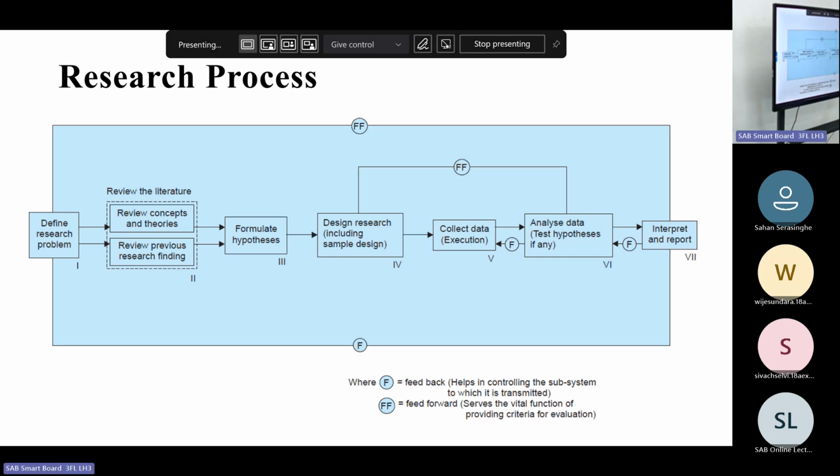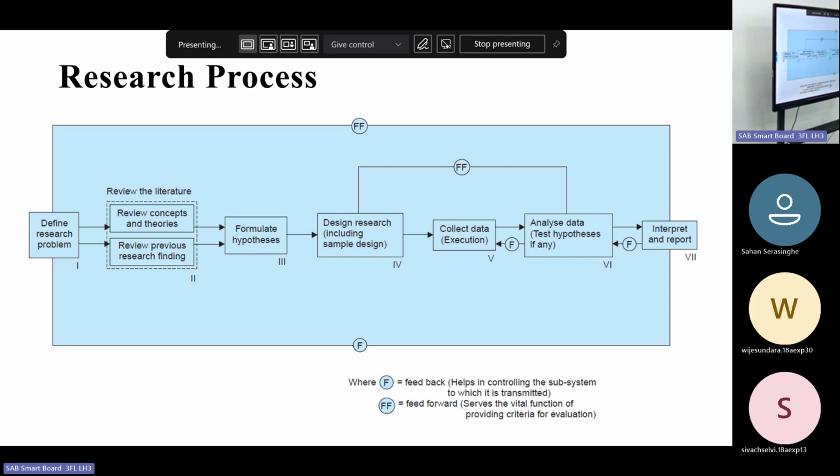What do you mean by the hypothesis? We discussed it last week. What do you mean by the hypothesis?